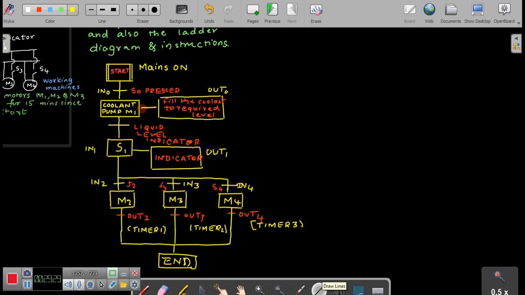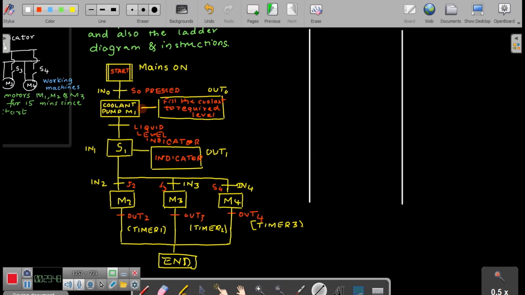Now we will try to draw the ladder diagram for the same. I would first draw the two rungs of the ladder diagram. Drawing a ladder diagram would be simple here.